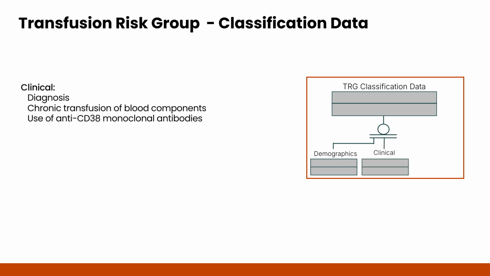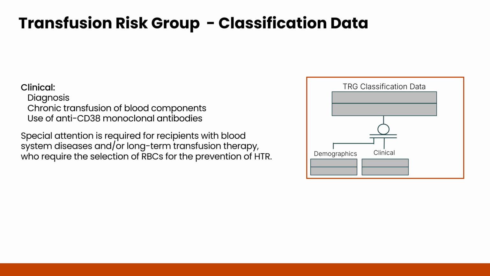Clinical information includes diagnosis, circumstances that the patient requires a chronic transfusion of blood components, and use of anti-CD38 monoclonal antibodies. Special attention is required for recipients with blood system diseases and long-term transfusion therapy, who require the selection of RBCs for the prevention of HTR.